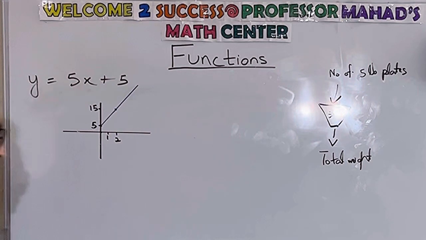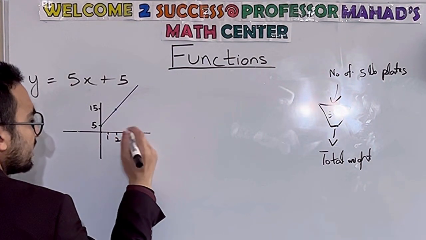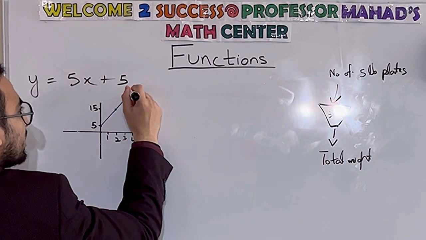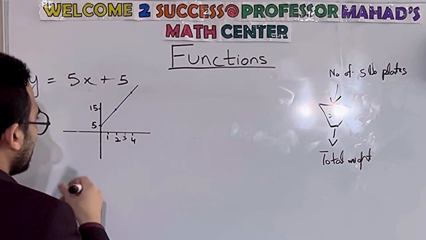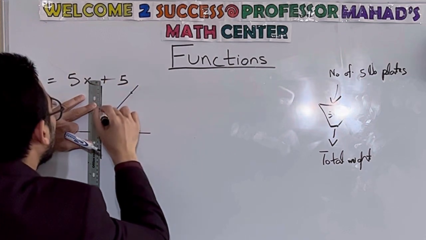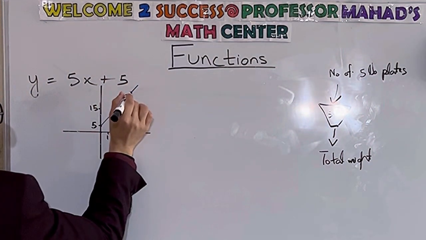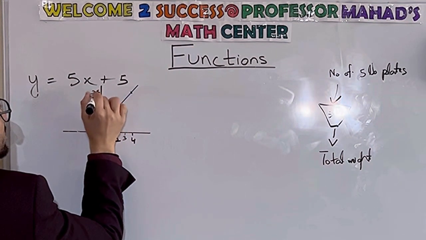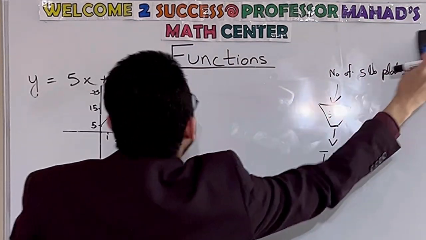If we have 4 plates, the weight would be 25 pounds, right? That's your total weight, right? Let me write this on the top.